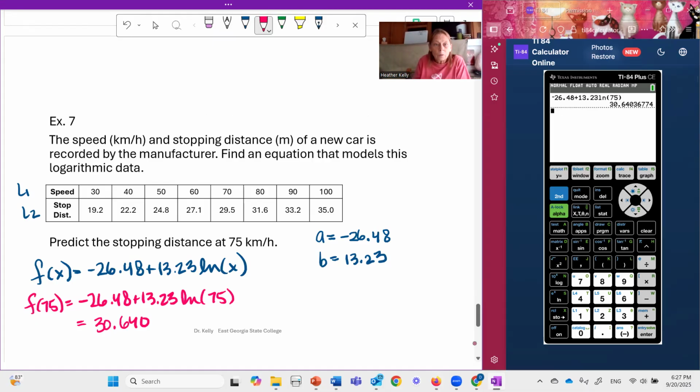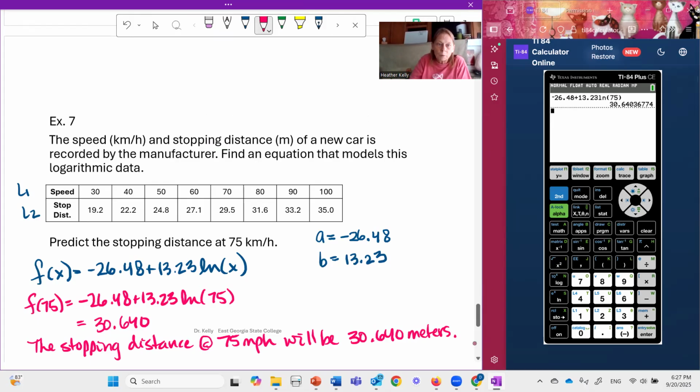And so, we would say that the stopping distance at 75 miles per hour will be 30.640 meters.